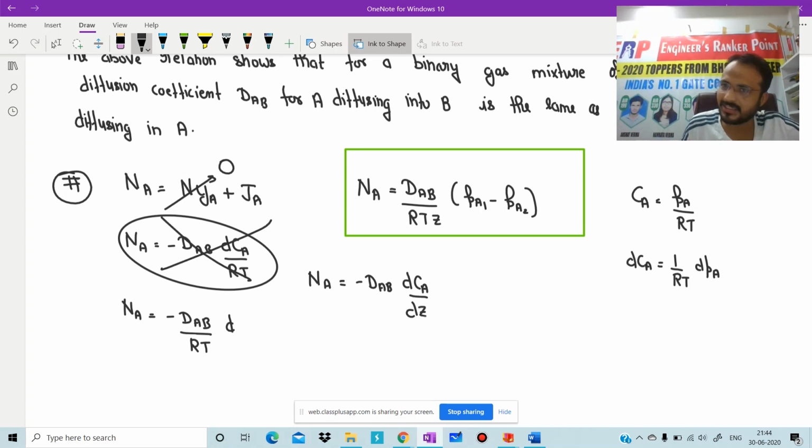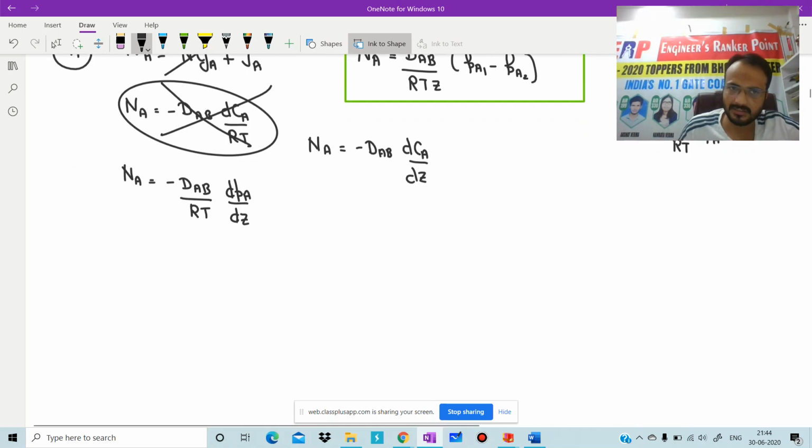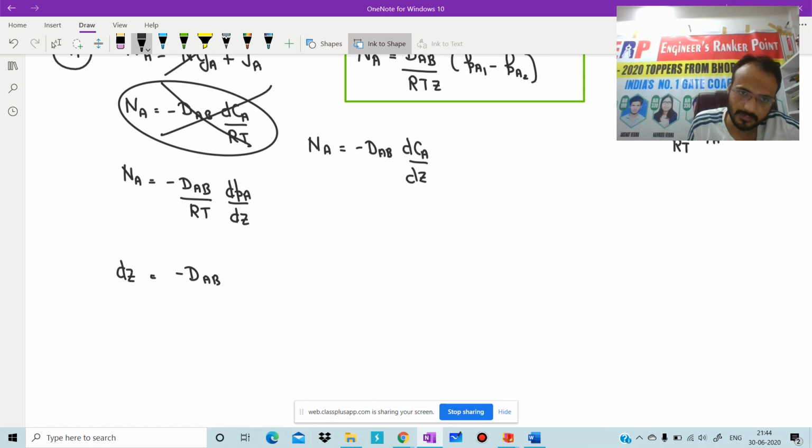In place of CA, we can write PA by RT. Then we are able to write this one by dz. Is there any rocket science? Again, what are we able to write? dz is equal to minus of DAB by R into T into NA into dPA. Limit will be 1 to 2.